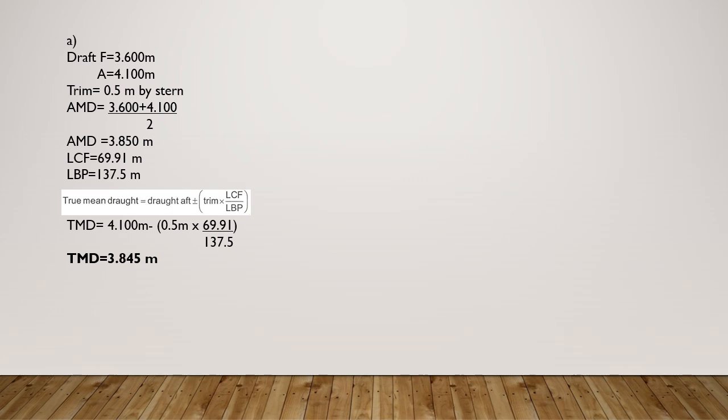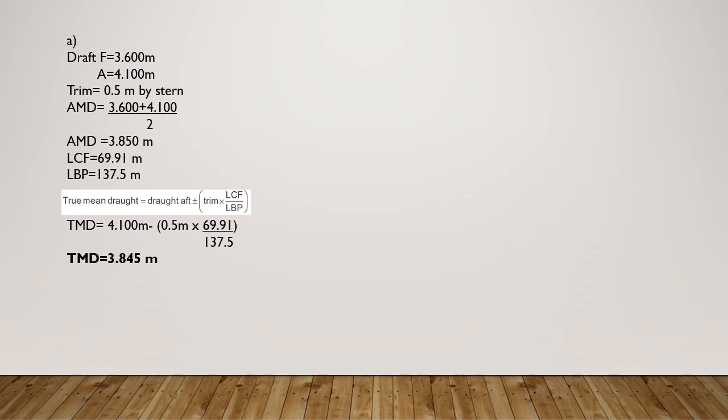With this AMD, you need to check the hydrostatic particulars. Keeping 3.850 as reference, you need to find the LCF from the hydrostatic particulars. So you will get the LCF as 69.91 meter. And then LBP, length between perpendiculars, is given in the question, 137.5 meter.